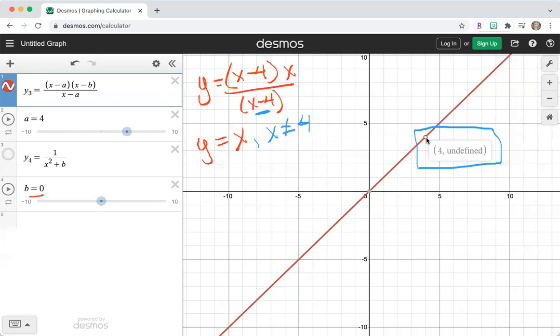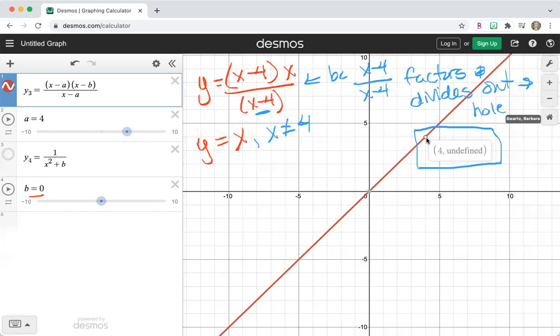So we see again, because x minus 4 divided by x minus 4 factors and divides out. I know you want to say cancel out, but that is not a mathematical operation, so I'm not going to say that. Factors and divides out. We have a hole at x equals 4.